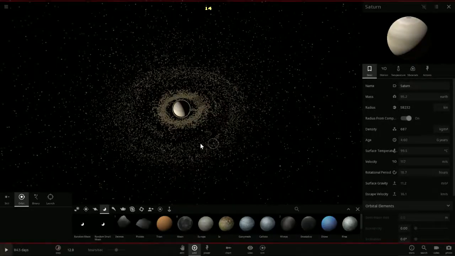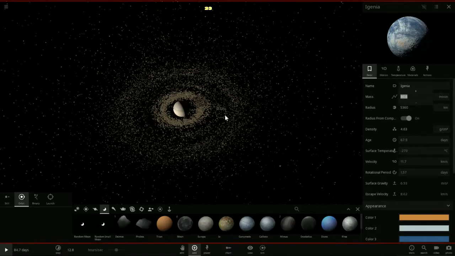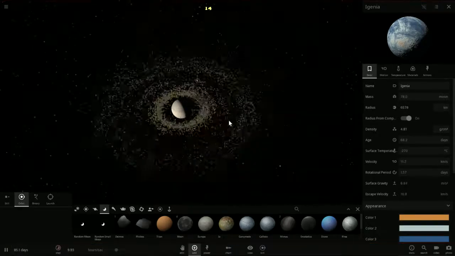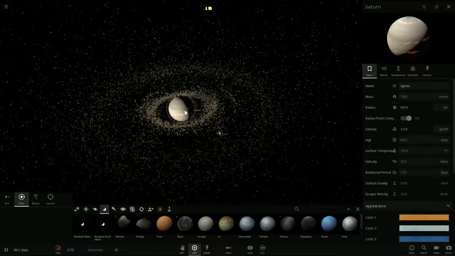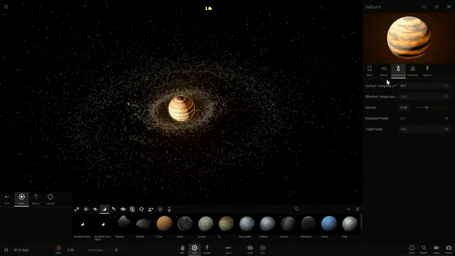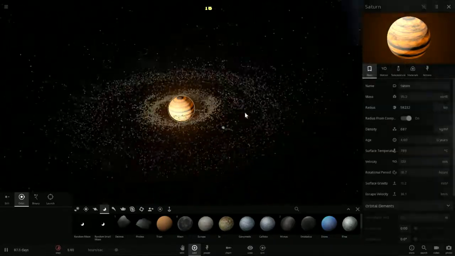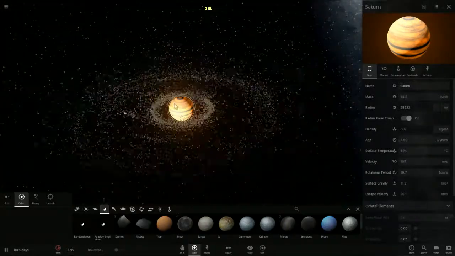I reckon that the moon was nearly as big as the Earth, so it's a pretty big moon, like pretty big. But it did create a lot of friction in Saturn's atmosphere.